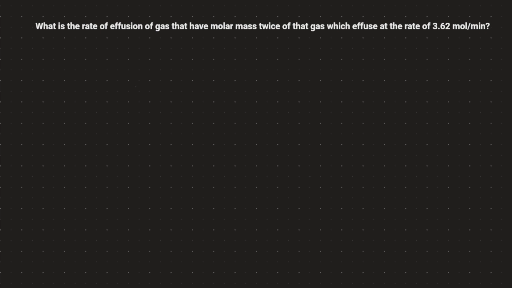In Graham's law, we have rate B divided by rate A is equivalent to the square root of molecular weight of A divided by molecular weight of B. In this case, we have two different gases which are both unknown, only that you know that the molar mass of one is twice as much as the other one.